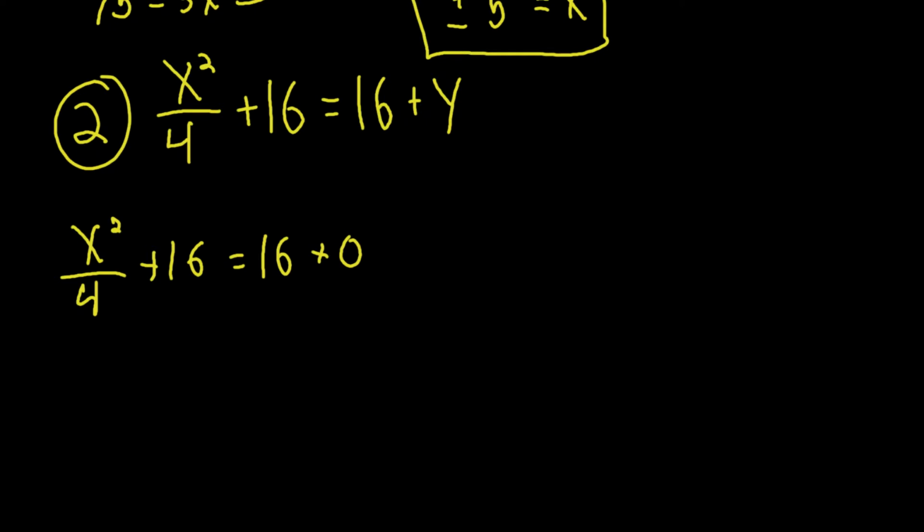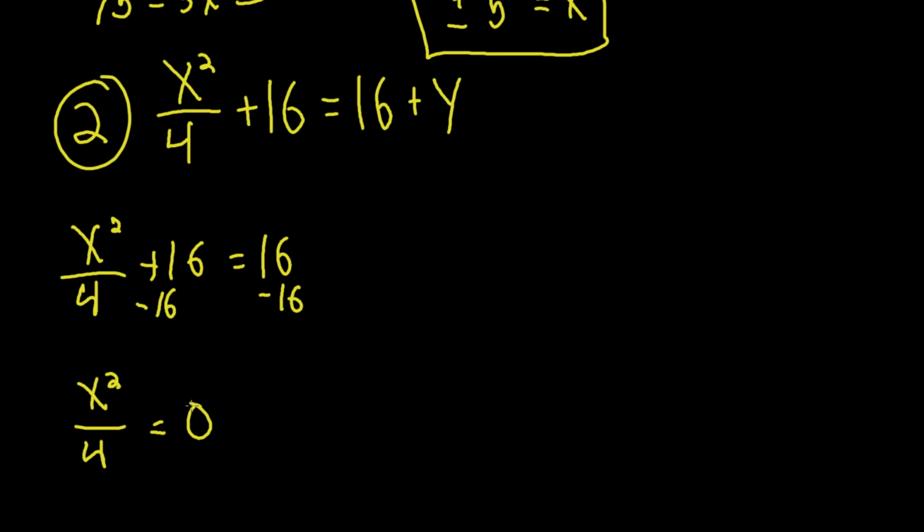That plus 0 is really just not going to affect our problem at all, so we can just get rid of it. Now we're going to isolate everything from our x variable, so we're going to subtract 16 on both sides to get x squared over 4 equals 0.